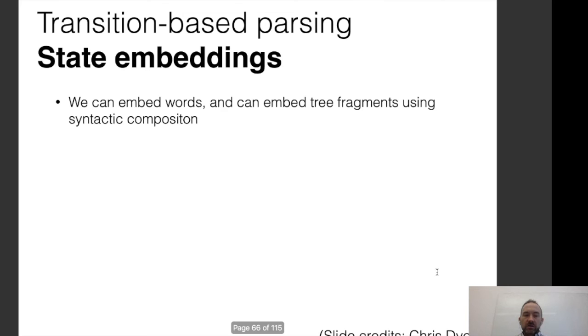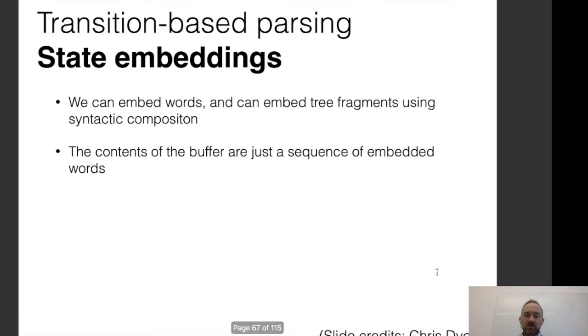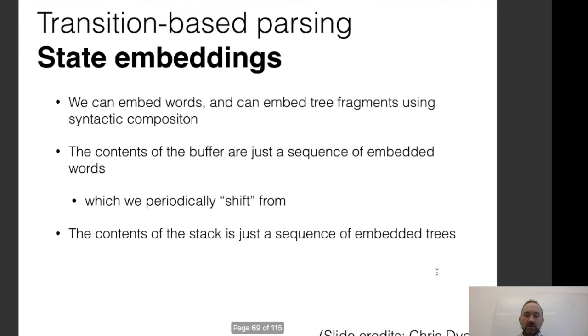So we call these state embeddings, and we can embed words using standard word embeddings. We can embed tree fragments using something called syntactic composition. And the contents of the buffer are just a sequence of embedded words, which we periodically shift from.